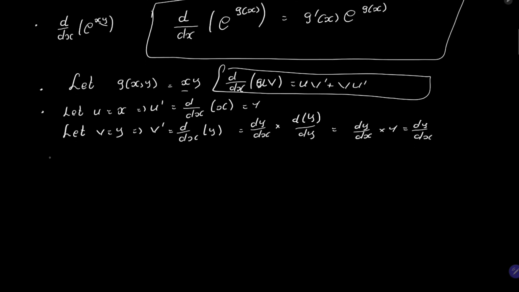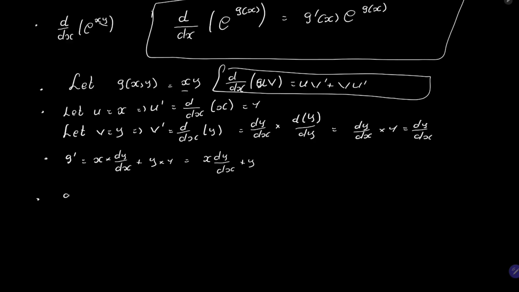So what does that tell us? That tells us then that g prime is u dv, x times dy on dx, plus v du, leaving us with x dy on dx plus y.